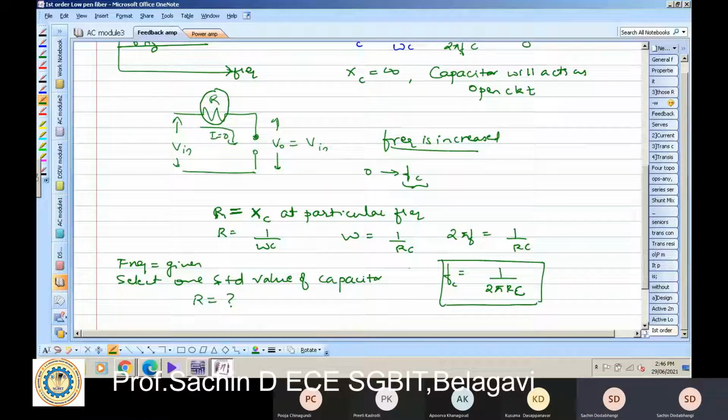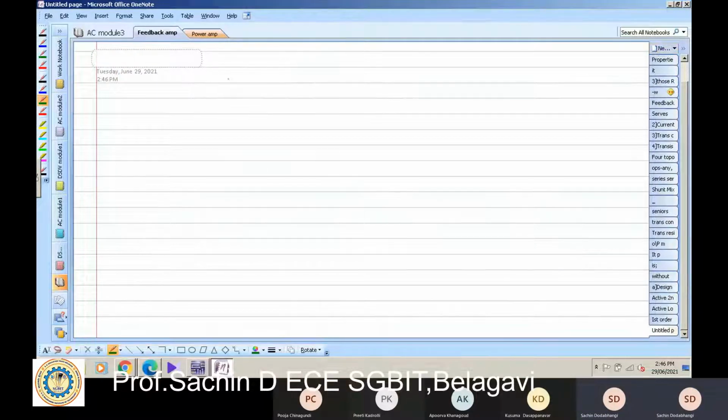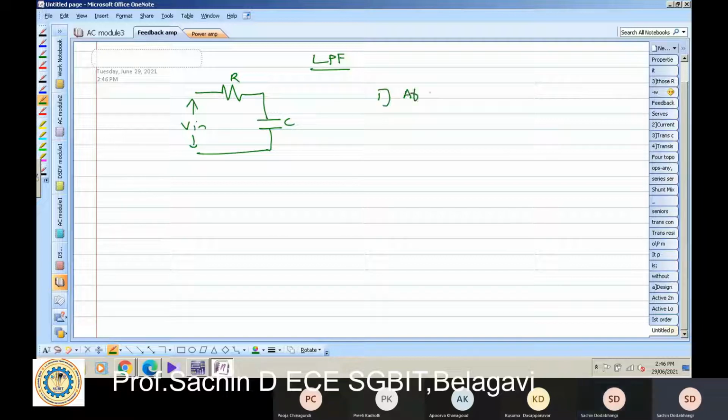Now I'll go back to the same circuit again. Capacitor here. This is my input voltage, RC, so this is my low pass filter. At frequency equal to 0, Xc is 1 by omega C, so Xc is 1 by 2 pi f into C. It is 1 by 0 because frequency is 0 here, so it is infinity.